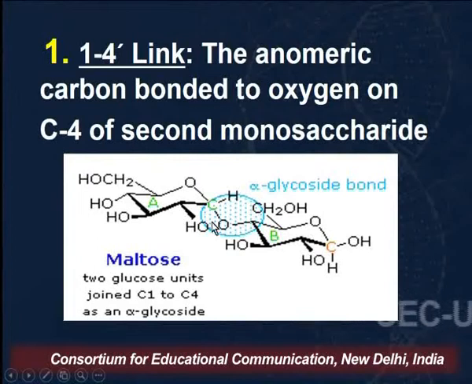And in maltose, what you now have to remember is that the two glucose units are joined by an alpha glycosidic linkage, and the linkage is between the C1 carbon of the first monosaccharide, which is the anomeric carbon, and the C4 carbon of the second monosaccharide through oxygen.